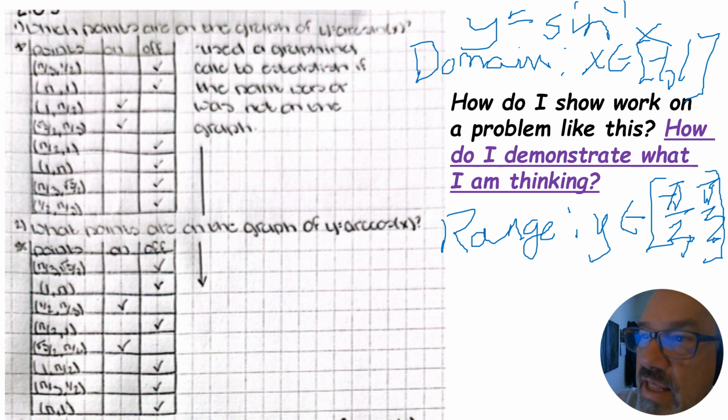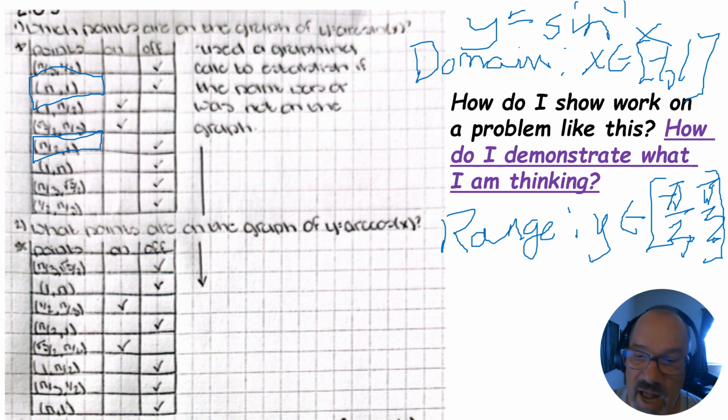All right. And so this becomes pretty easy to pick out 2 of these right away. So I'm going to pick out 2 of these, (pi, 1) and (pi/2, 1). Those are not going to be on the graph.